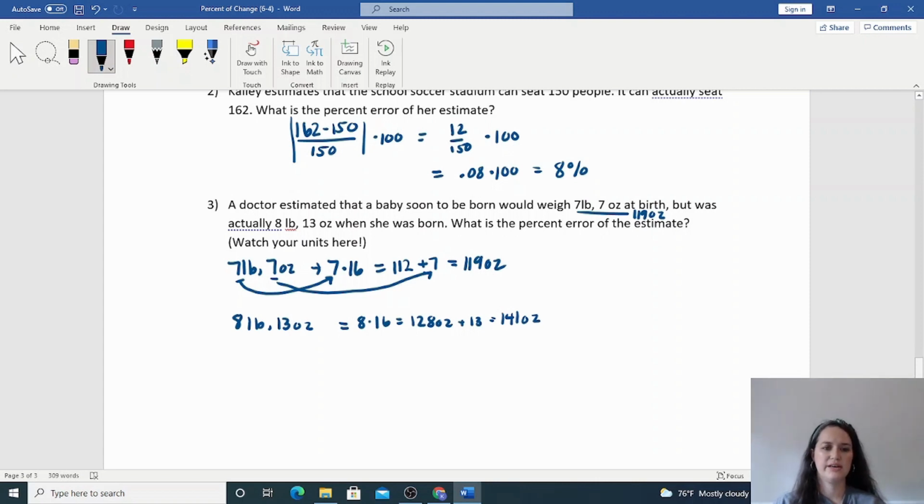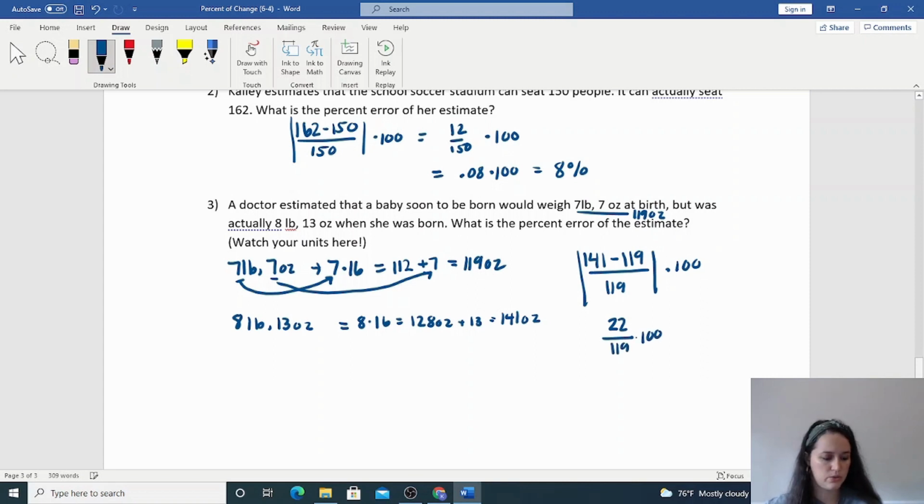And with pounds and ounces, let's just make them one thing. So all just ounces. So my actual was 141 minus my expected was 119 over 119, absolute values, times 100. Okay, so 141 minus 119 is 22. Because that is positive, I'm going to go ahead and drop my bars.